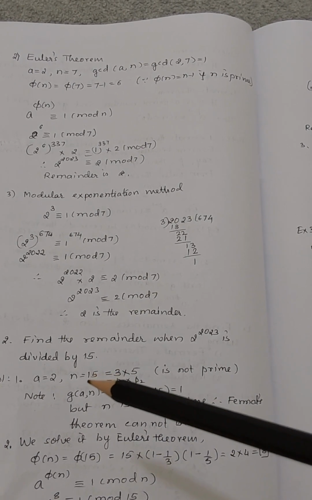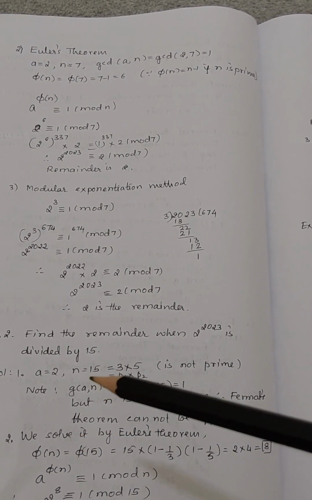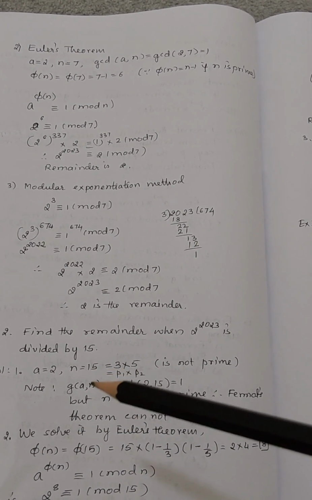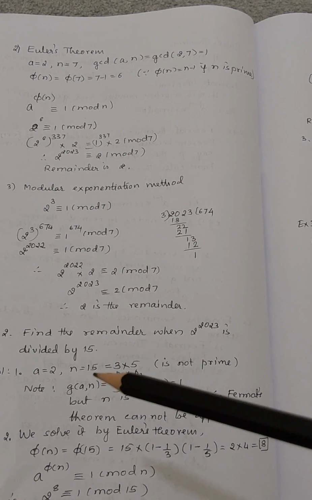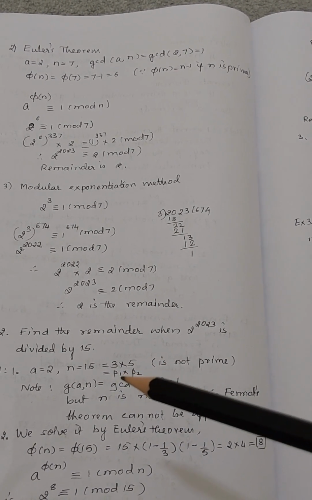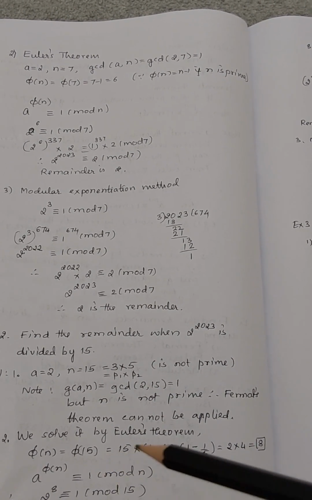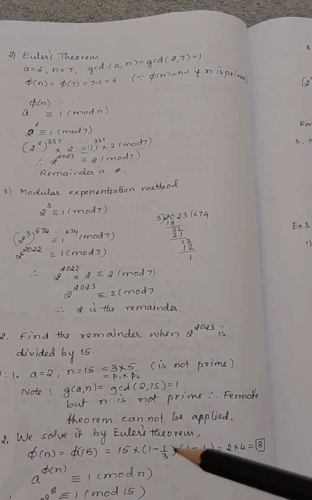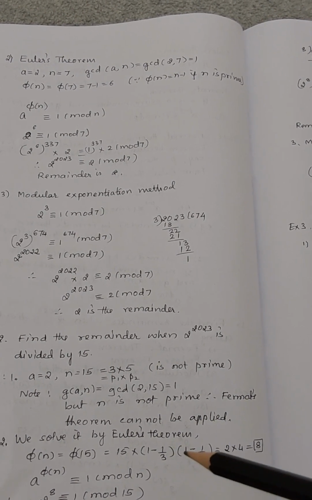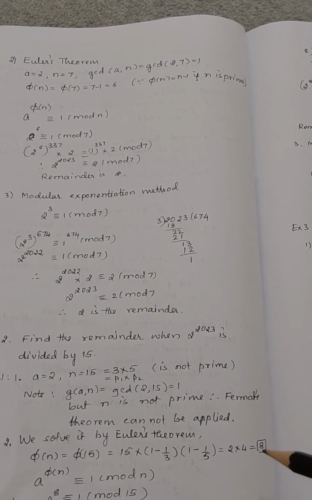We can try with Euler's theorem. So for that we have to calculate phi of 15. The prime factors of 15 are 3 and 5. So P1 is 3, P2 is 5, and phi of 15 is 15 into 1 minus 1 by P1 into 1 minus 1 by P2, and that gives the count as 8.